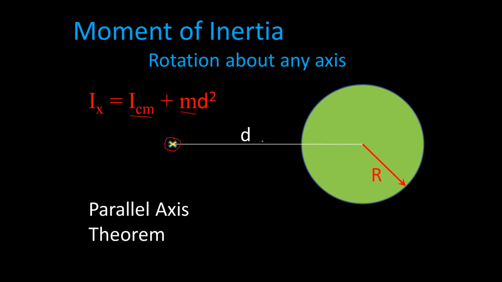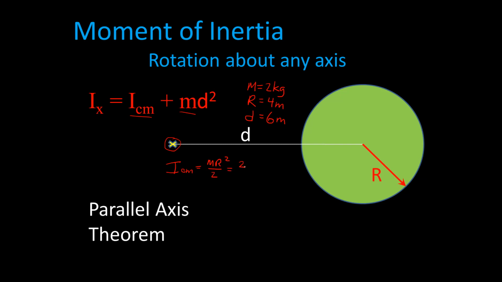Let's go through a quick calculation of this. So I'll say my disk has a mass of 2 kilograms, has a radius of 4 meters, and the distance from the point we want to check the rotation to the center of our disk is 6 meters. So my I for the center of mass for a solid disk is m r squared over 2.